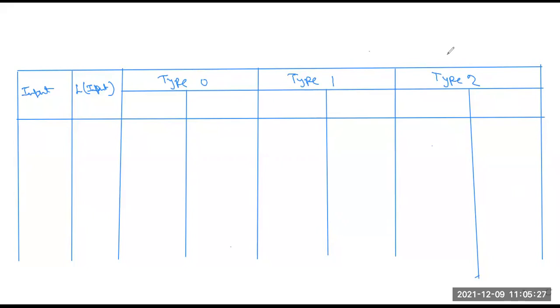Okay, thank you. So type 1, type 0, these are the different equations.